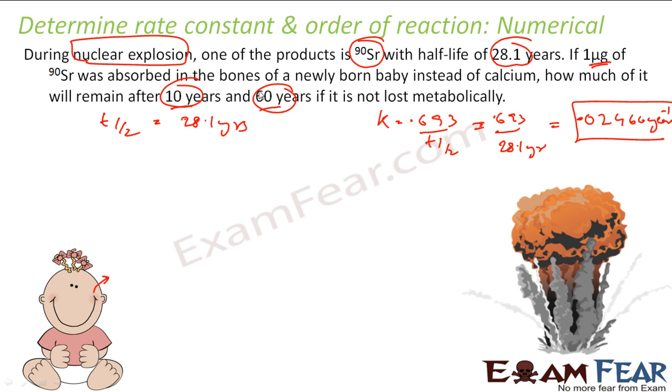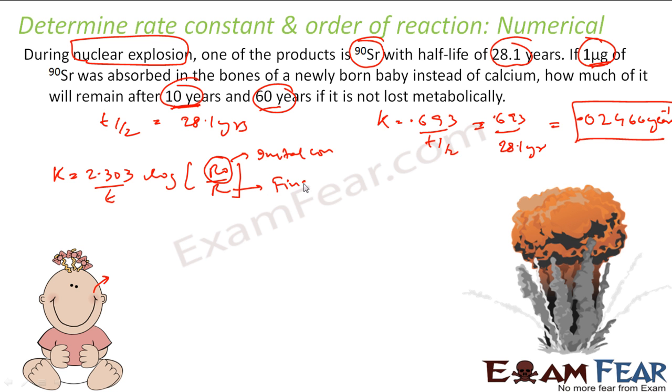The next question is, how much concentration of 90 Sr will be there after 10 years? So the equation I know is K is 2.303 by T log of R naught by R. R naught is the initial concentration, in milligram. So this will also be in milligram. R naught is my initial concentration and R is my final concentration, and that is something we don't know. Let's put all the values in the formula.